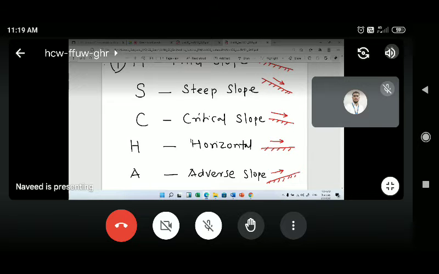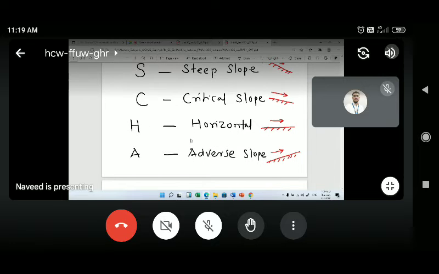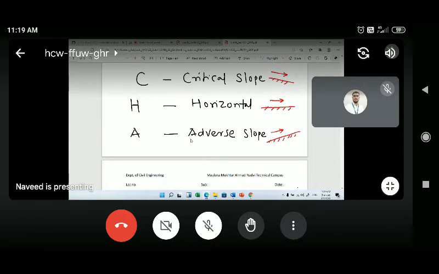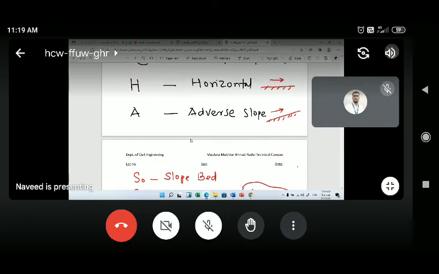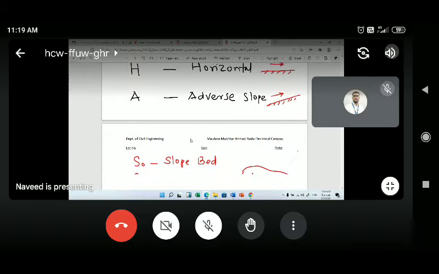If the angle of inclination is too large, it is steep; critical slope is when y is equal to yc; and horizontal slope is when there is no inclination, that is, the bed slope has a zero angle with the horizontal.